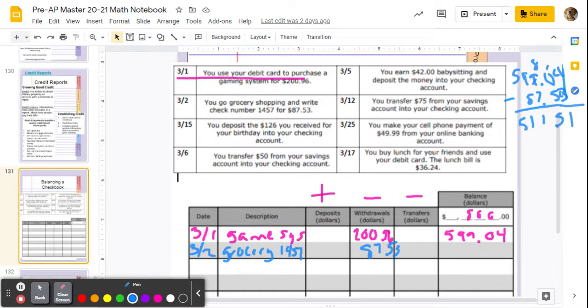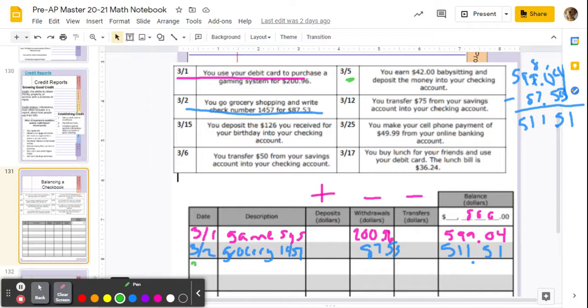It's going to be $511.51. You always do your balance after each transaction so you know how much money you have left that you are able to spend. Okay, the next date that comes next is the 5th.